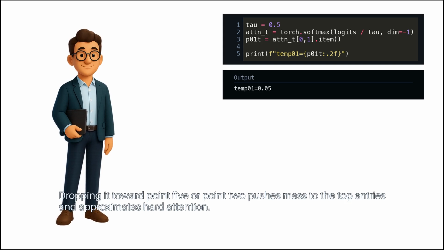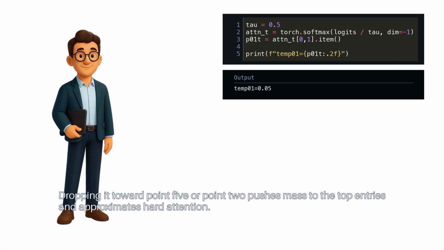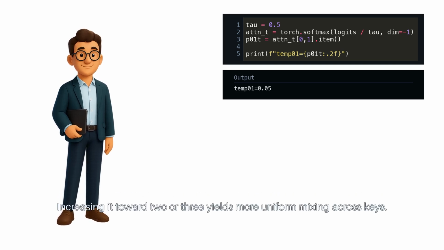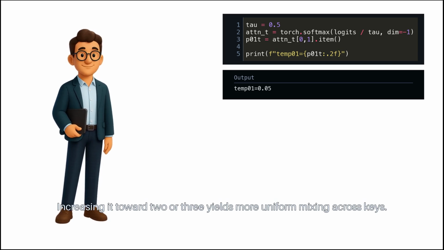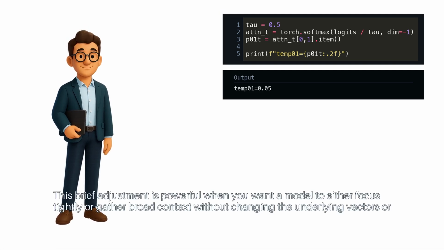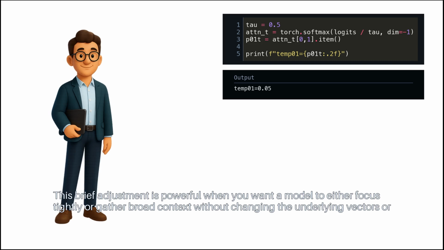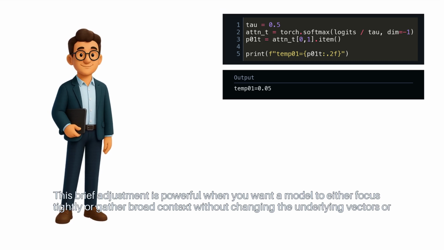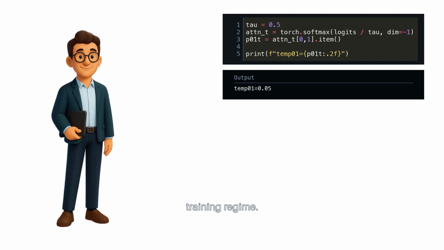Dropping it toward 0.5 or 0.2 pushes mass to the top entries and approximates hard attention. Increasing it toward 2 or 3 yields more uniform mixing across keys. This brief adjustment is powerful when you want a model to either focus tightly or gather broad context without changing the underlying vectors or training regime.